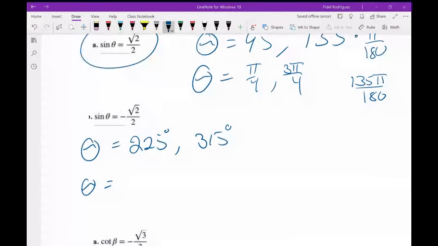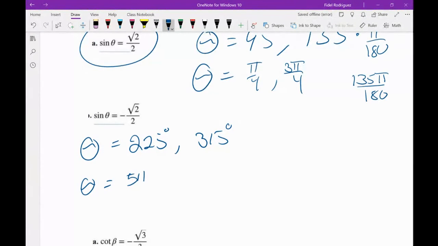And then we're going to do the same thing. We're going to convert those to radians, right? So I'm going to go 225 divided by 180, and then hit math, and then the fraction one, which is number 1. Again, guys, this works whether you have the calculator or the app. It's going to work exactly the same way. 5/4.